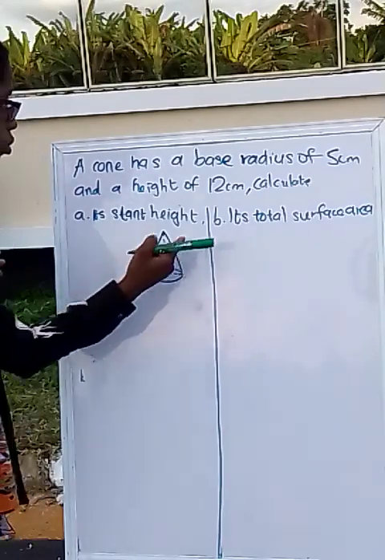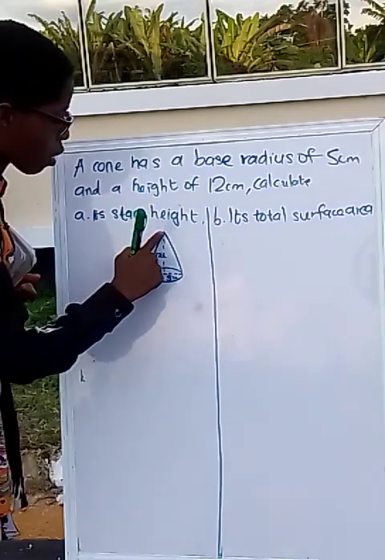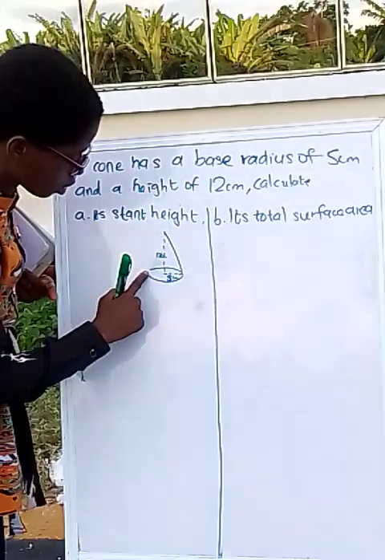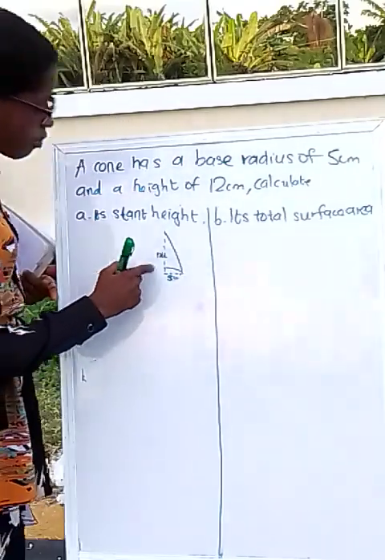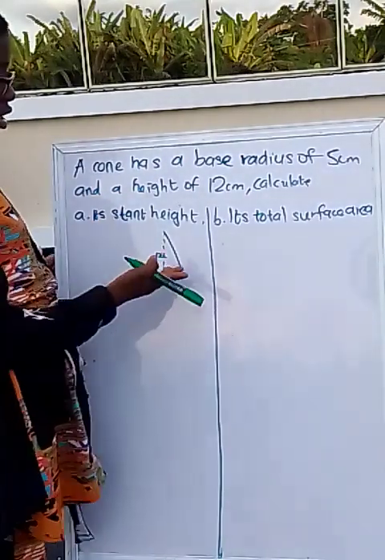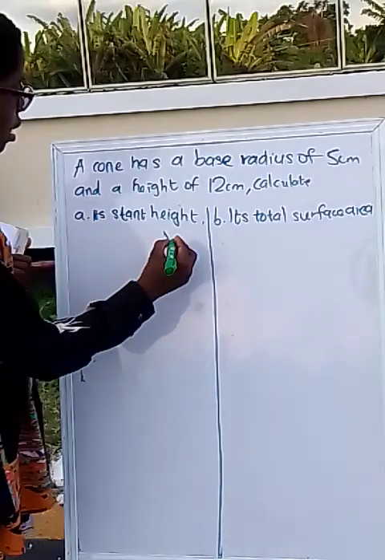So now when we bring out this drawing, this is what we have. Now, to find our slant height, this is our slant height. I'll represent it using L.